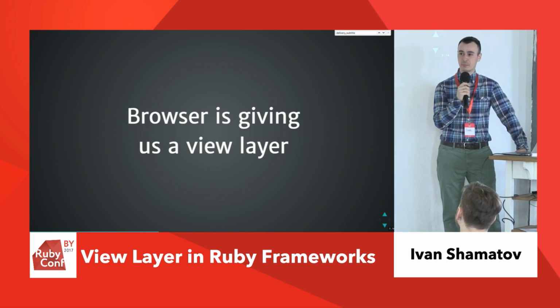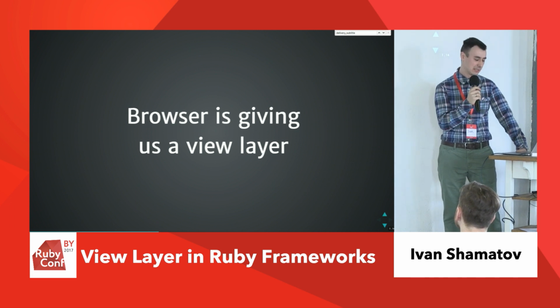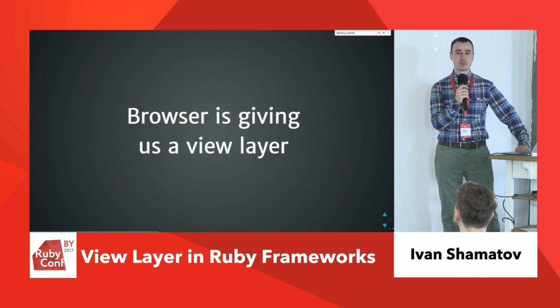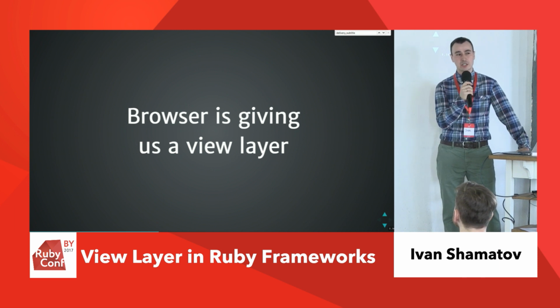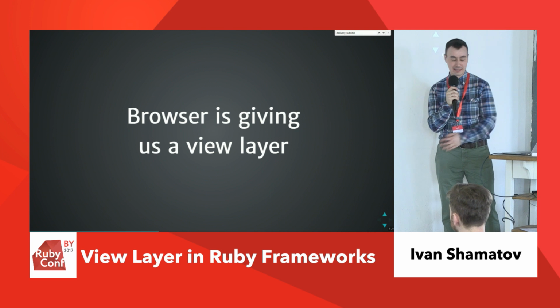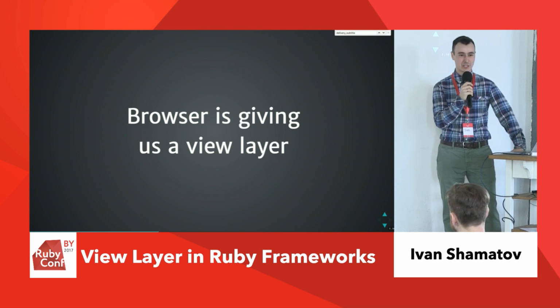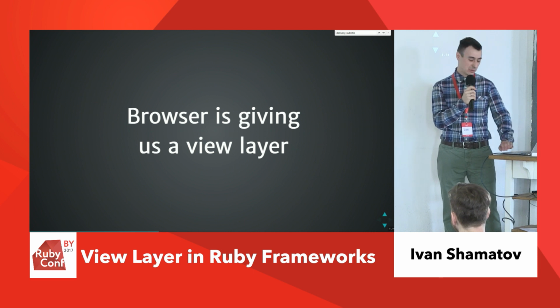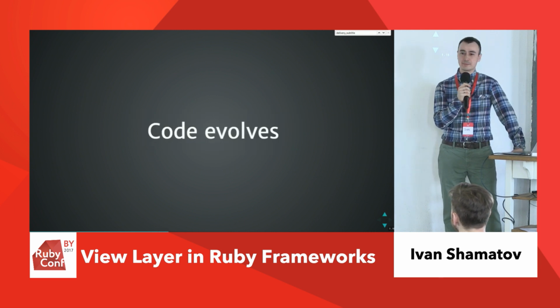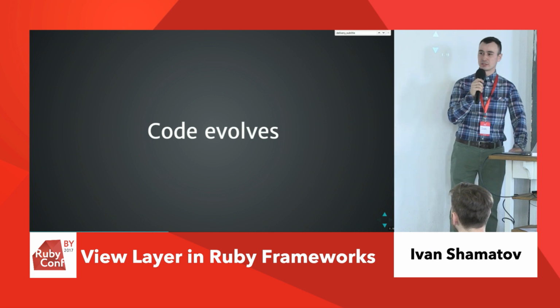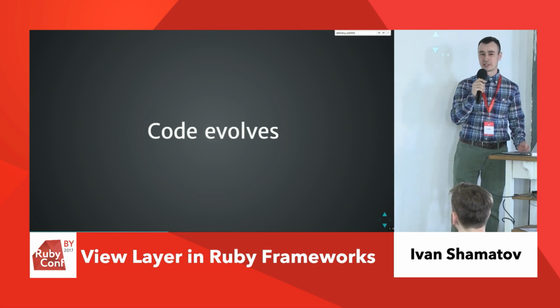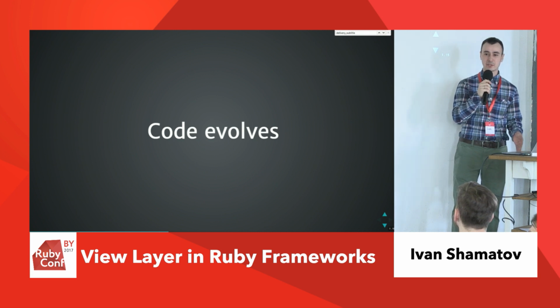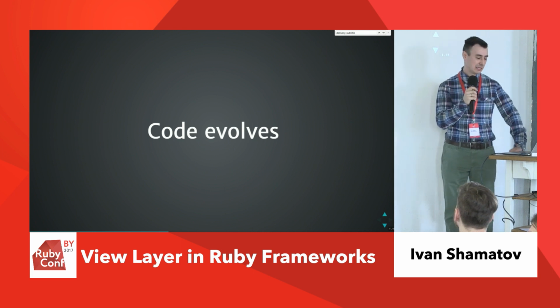But back to our backend. What's the point? For example, we actually don't have a view, as I said. You can disagree with it, absolutely. But anyway, what's the problem with that? I guess all of you start creating an application from scratch, and over time the code evolves.